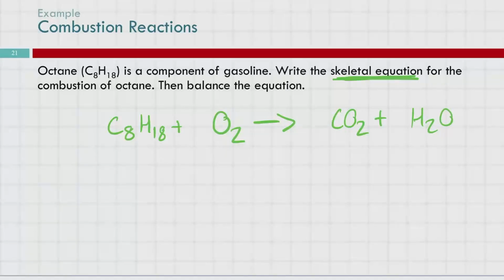Why carbon? It's part of a compound. Yeah, it's partly because it's the first one, but it's also in a compound on both sides. So carbon's in one thing on both sides that's got other elements in it. Hydrogen is in the same boat. It's in the octane. It's also in the water. You could balance hydrogen first if you wanted to. It doesn't really matter.